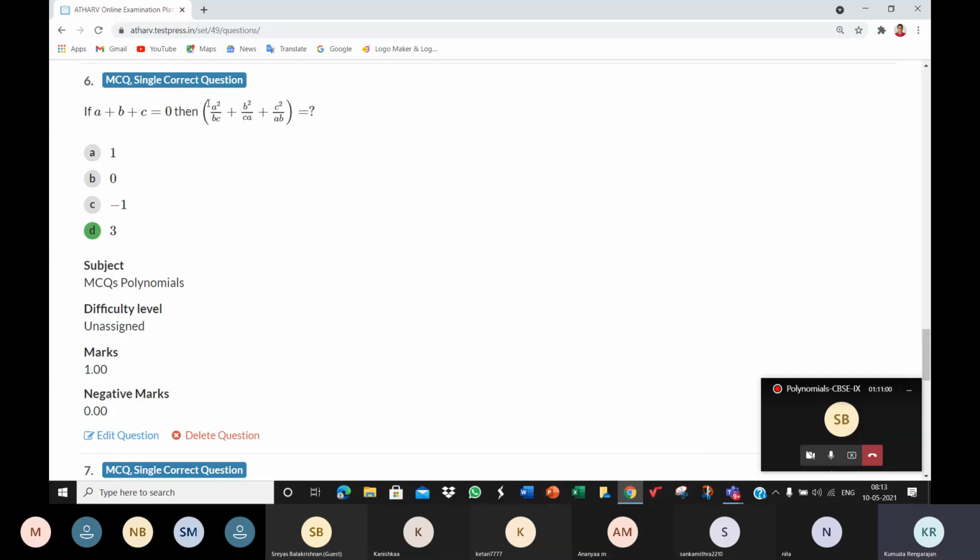At this point what we have is a cube plus b cube plus c cube divided by abc. Next, the numerator can be replaced with 3abc, because a cube plus b cube plus c cube is equal to 3abc when a plus b plus c is 0.